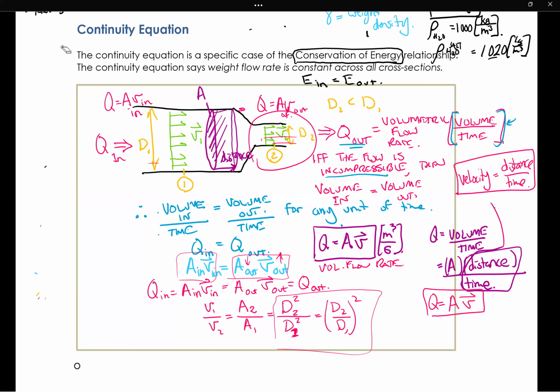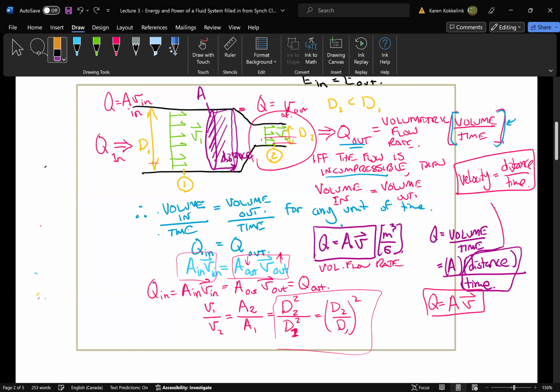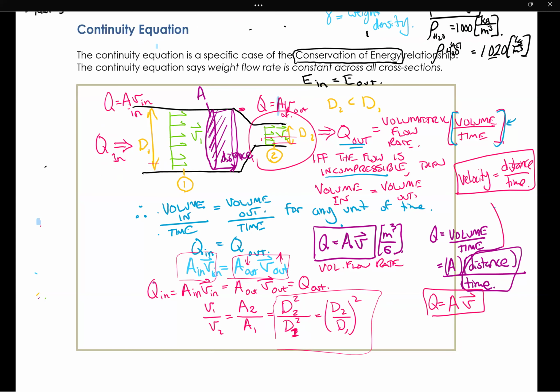What happened? It got a higher velocity. Area out went down, so velocity out had to go up, and you increased the speed, the distance over time, the velocity that the fluid came out.